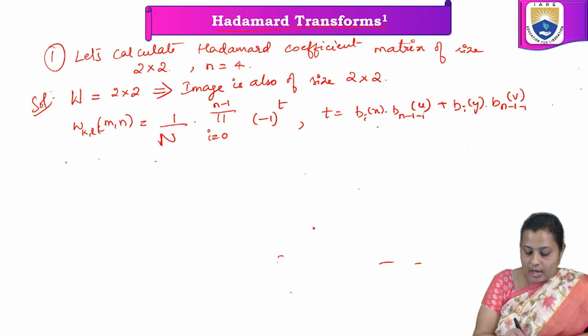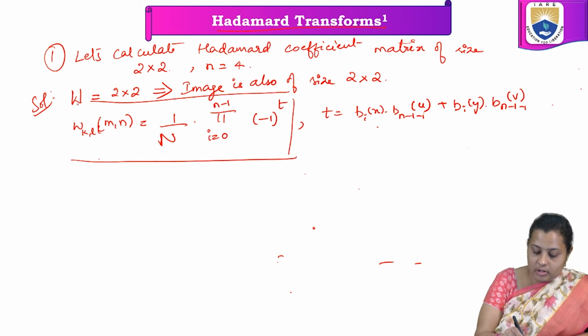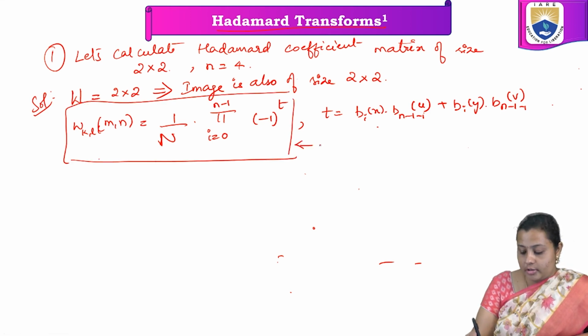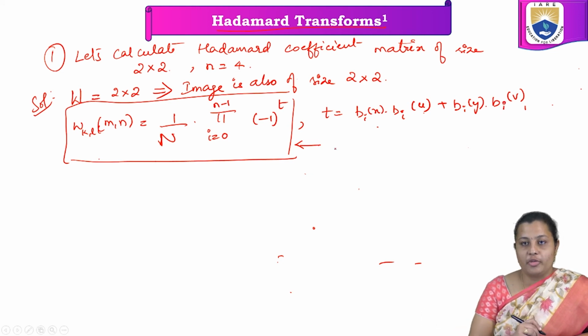So we have our kernel as given here. This is our Hadamard equation. This is our Hadamard transform function.